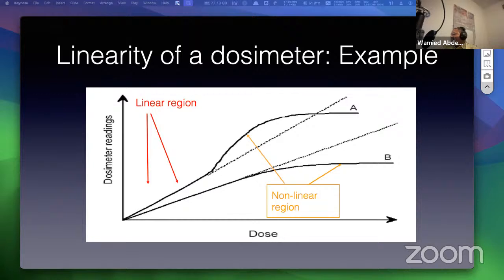That defines our calibration factor, and we can use it to determine the dose as long as we are still in the region where the chamber behaves linearly with dose. This is also an example of a non-linear dosimeter. In this part, it's linear, but if we want to use the dosimeter in a different region where it's non-linear, then we probably need to establish this curve by doing multiple measurements, not a single point.